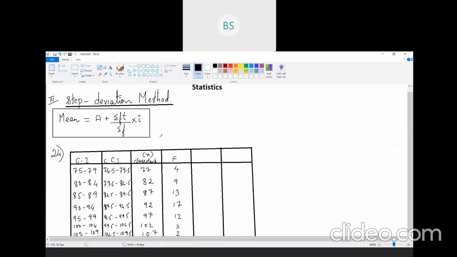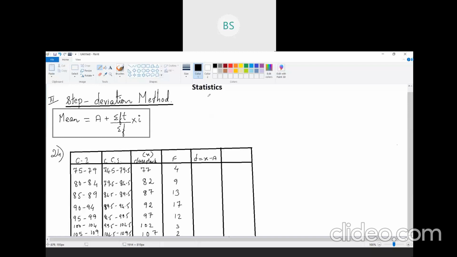Okay, so once we find the continuous class intervals and the class mark, further you have to do the next columns. Now we know x and f. Since we are doing the shortcut method, first I have to take d. So d is equal to x minus a.